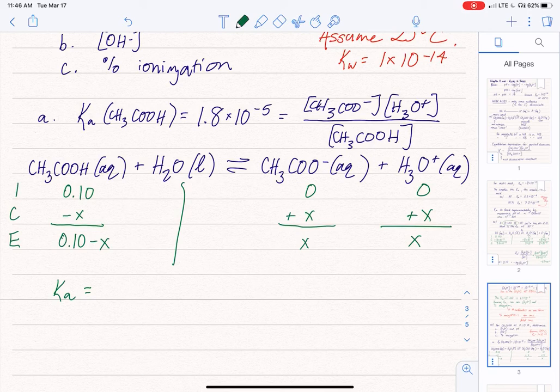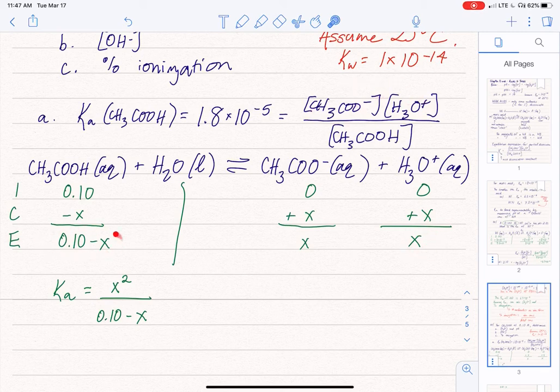So Ka equals x squared over 0.10 minus x. How did I get that? Look back to our expression for Ka. On the top, my equilibrium concentration for acetate is x. My equilibrium concentration for hydronium is also x, so that's how I got x squared.